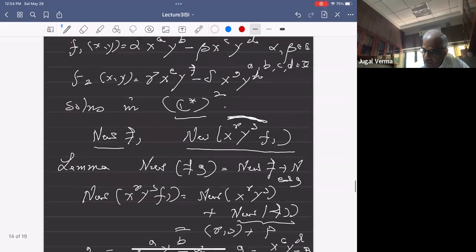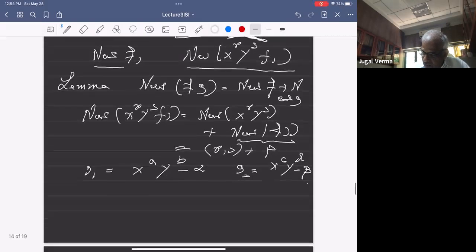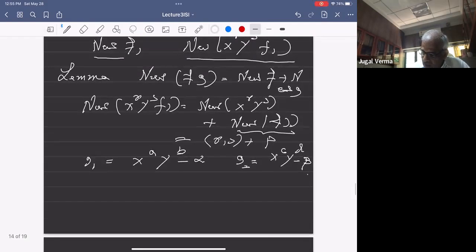The original F had two monomials. I can just multiply F1 by X^(-C) Y^(-D). Then I will be left with a constant, and then divide by the leading coefficient. It is not going to affect the number of zeros or the volume, because the Newton polytope disregards the coefficients. So I can reduce the problem of computing the solutions of binomial equations to solutions of such binomials.